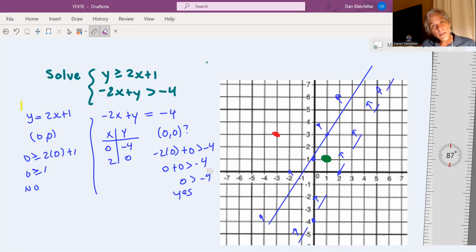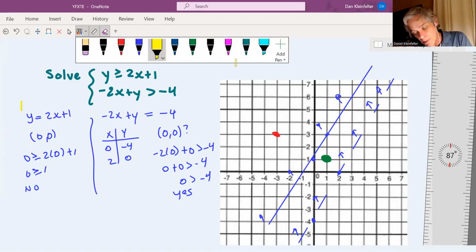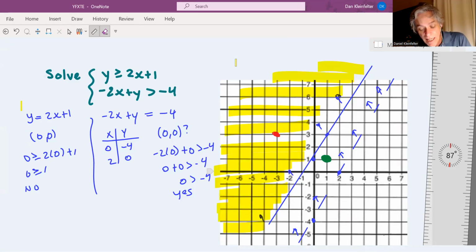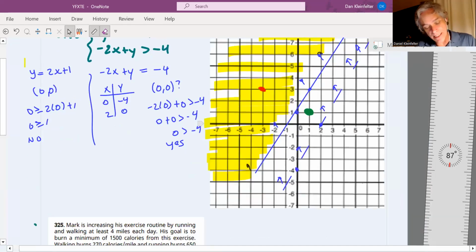We want the points that are solutions to both. So that would be all of the points above the first line. We want the points that satisfy the first inequality and the second inequality. Okay, so a couple of special cases there.